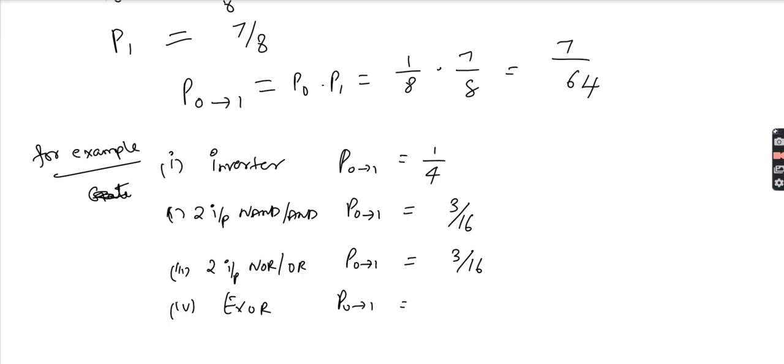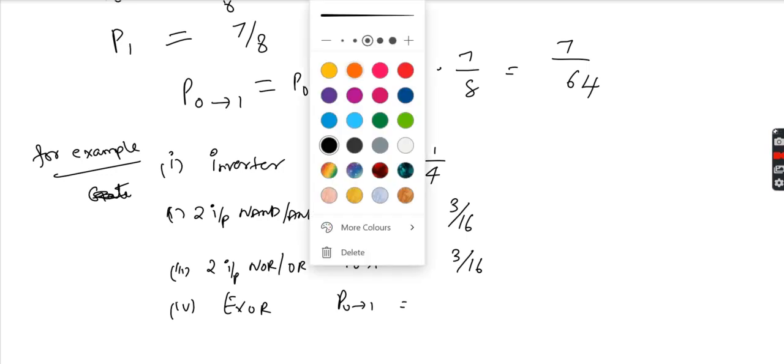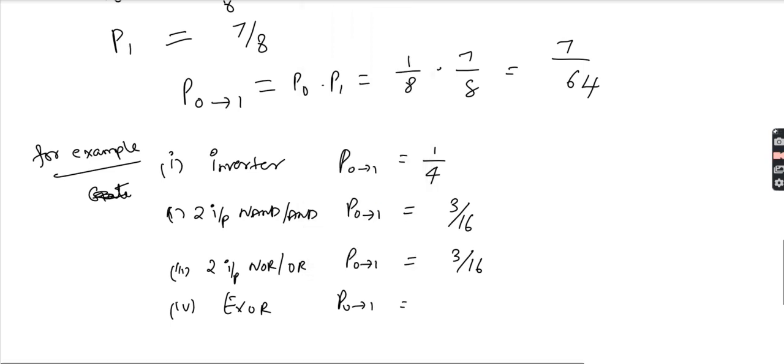So for the XOR gate, as you know, what is the truth table of an XOR gate? It has the A input and B input.